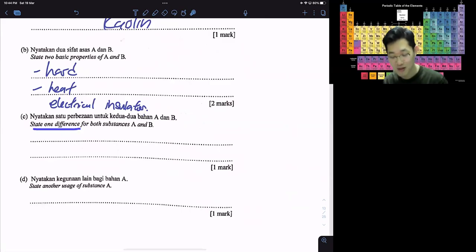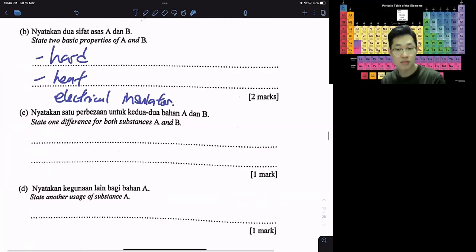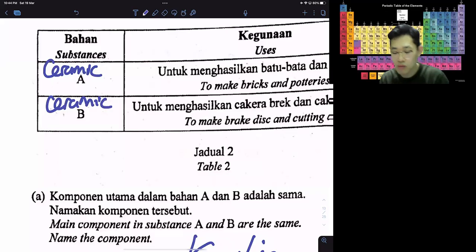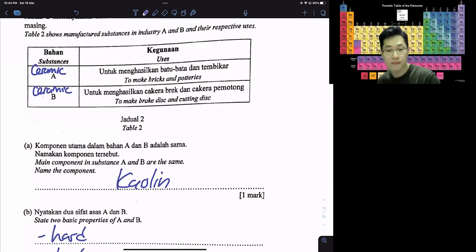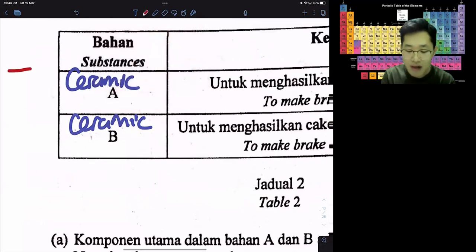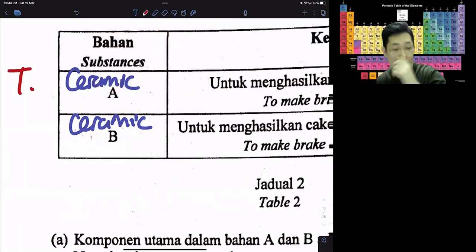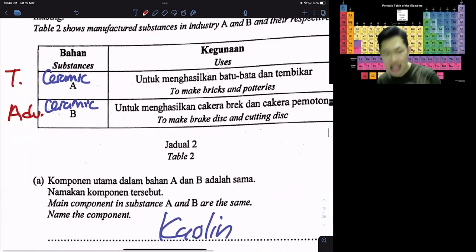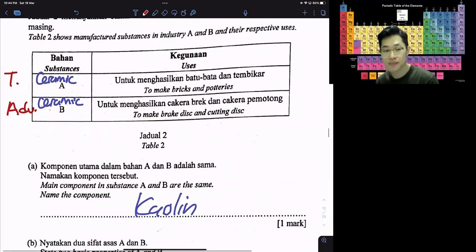So state one difference for both substance A and B. Since both are ceramic, what is their difference? Very good. One is traditional ceramic, another one is advanced ceramic. And other than that, just now in front we mentioned one.